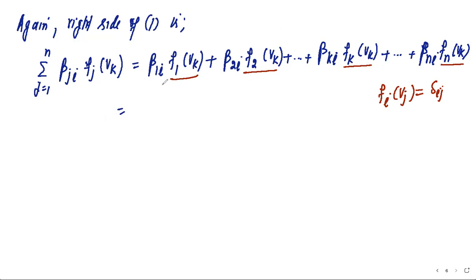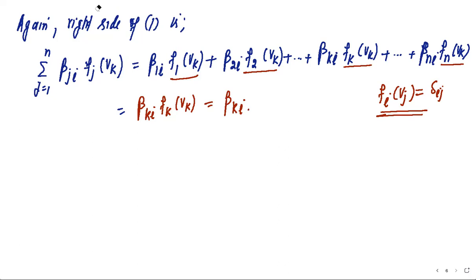So the first term is 0, the second term is 0. Actually every term is 0 except possibly this one, beta ki fk of vk. So the only thing that we get here is beta ki fk of vk. Now again by this definition, fk of vk is equal to 1. So this is just equal to beta ki.